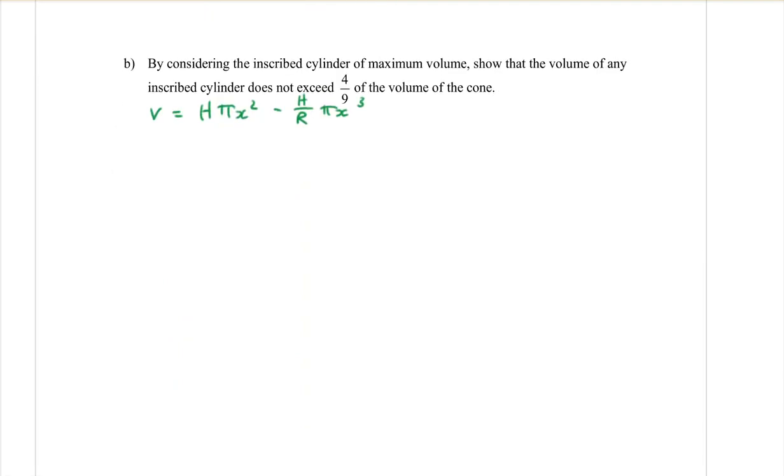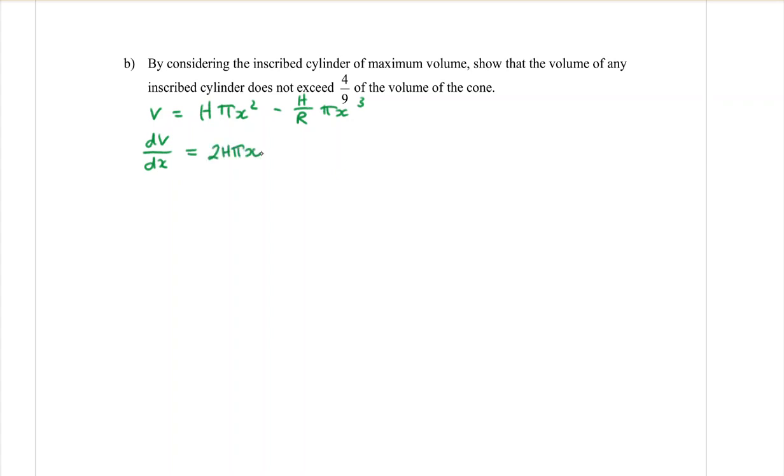All right, differentiation time. What am I differentiating? I'm differentiating the V with respect to what? The x, good. So, differentiating the x and treating everything else like constants, the squared will come down the front, so it'll be 2h pi x.